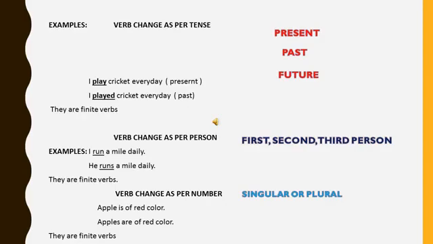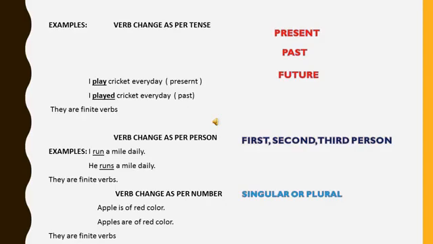When we change tense, you have to use the correct form of the verb. Number one, I play cricket every day. This is present tense. When we change it into past, it becomes played: I played cricket every day. This is past tense. So the verb changes as per tense. So they are finite verbs.